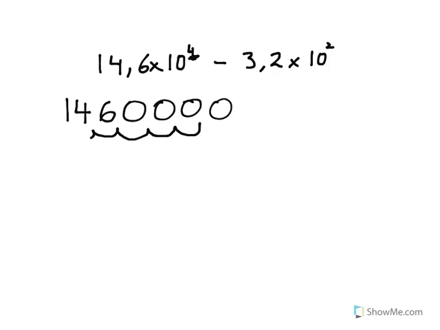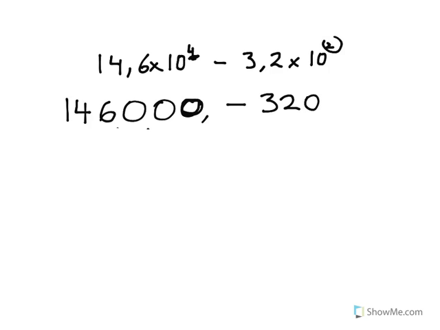We won't have this last number here, and our decimal point will now be after this 0. So we have the number 146,000 minus 3.2 times 10 to the 2, which is the same as 320. 10 to the 2 here means we move the decimal point 2 places backwards. 1, 2, giving us 320.